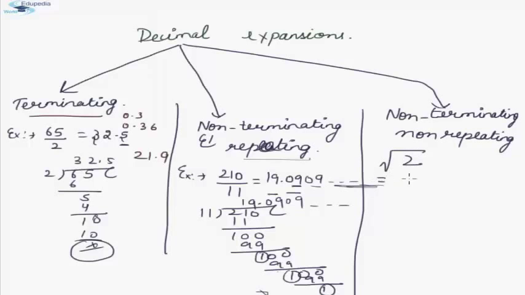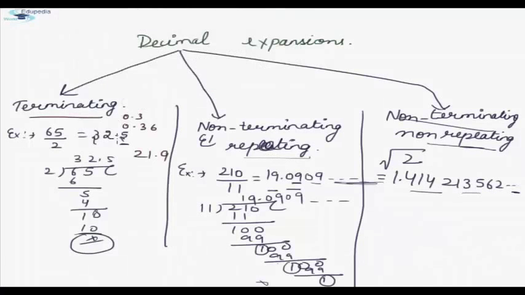Its decimal expansion is 1.414, 213, 562 and so on. Clearly again it is non-terminating but also non-repeating in the decimal part, because we cannot figure out any specific pattern which is repeating in the decimal expansion.